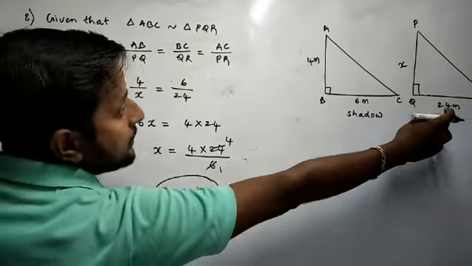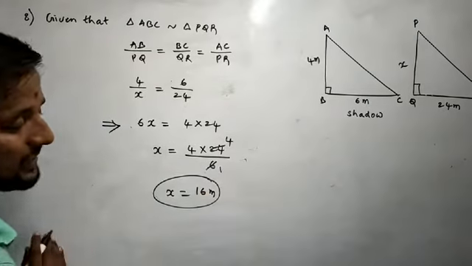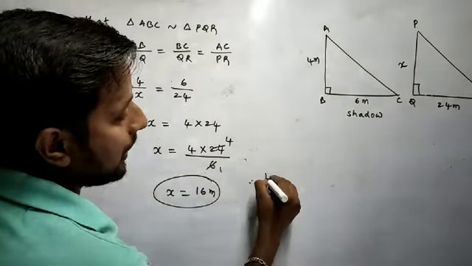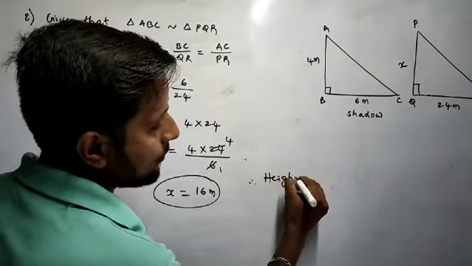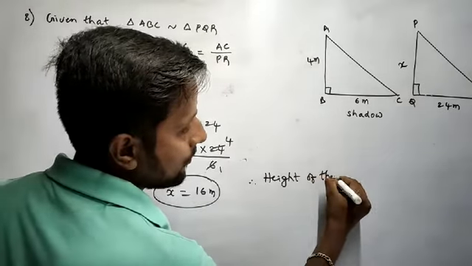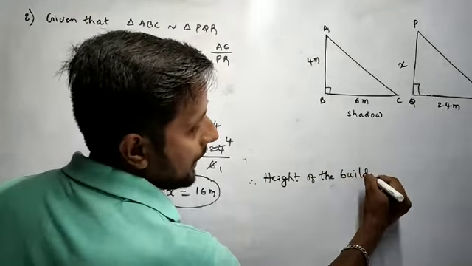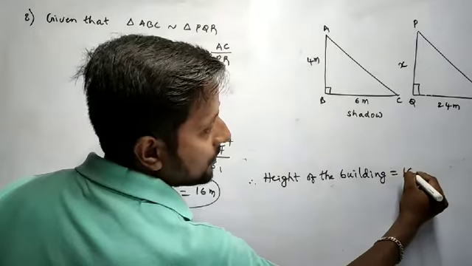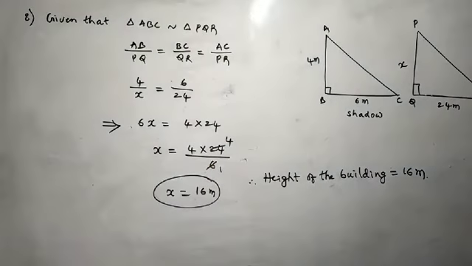The unit is mentioned in meters, so here we will mention meters. Therefore the height of the building is 16 meters, right? Right.